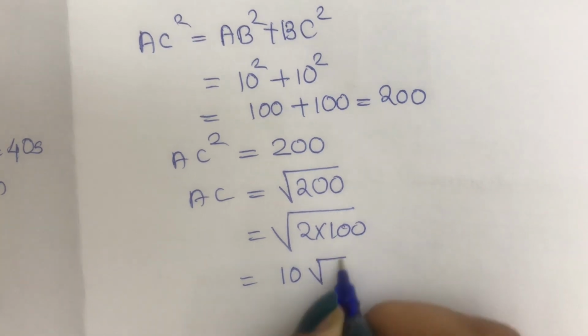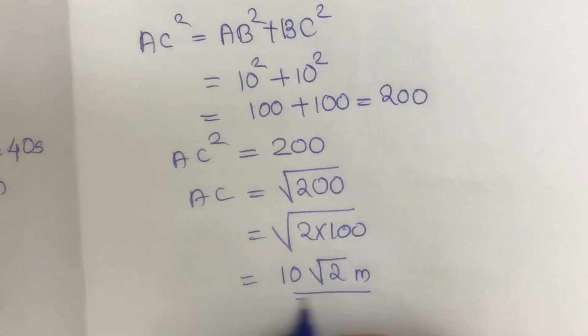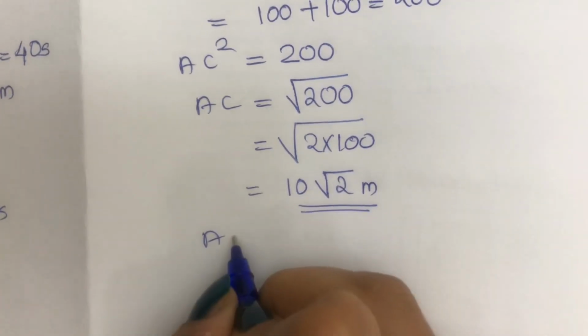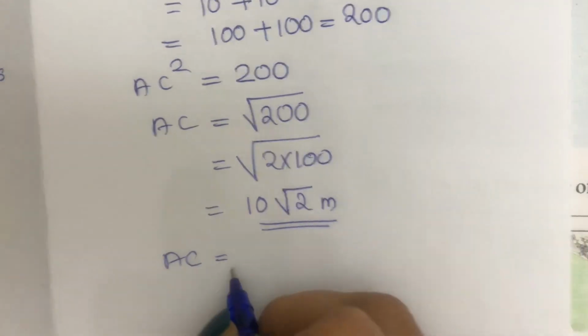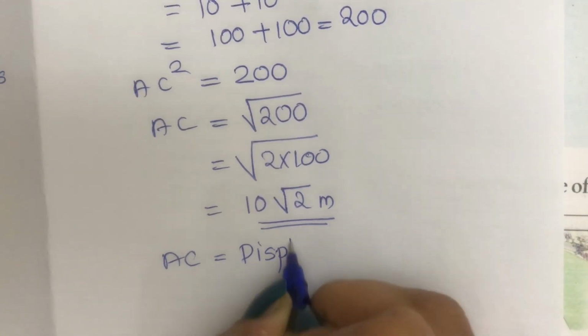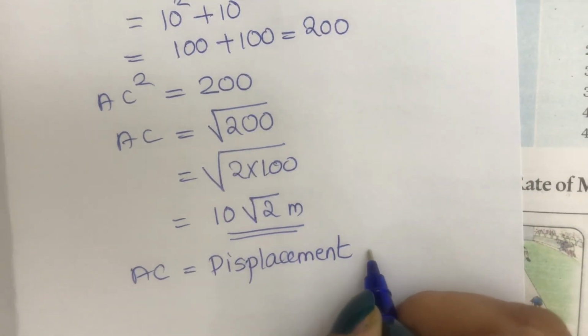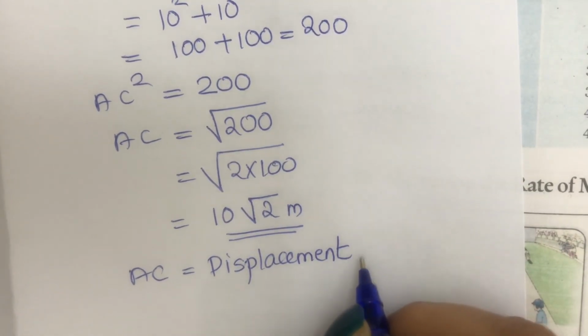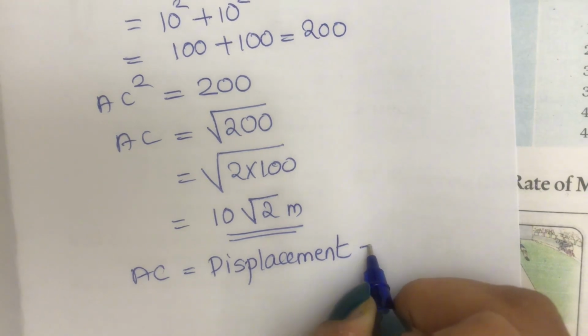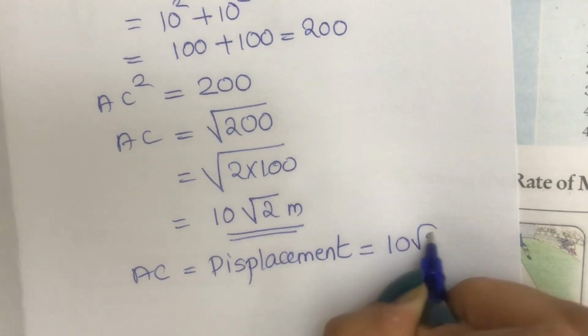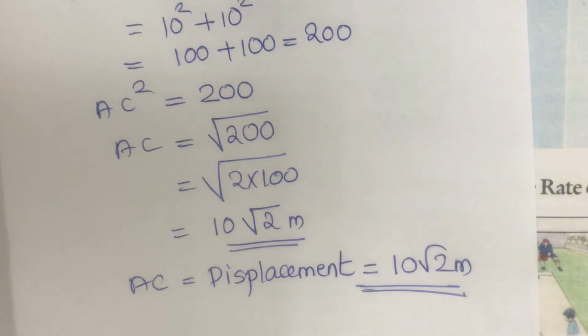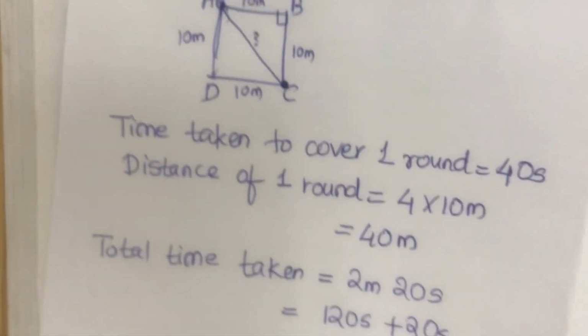My answer will be 10 root 2 meter. So AC is equal to displacement. This is the shortest distance traveled by the farmer from the initial and final position. So it is equal to 10 root 2 meter. So this is my answer. So you understood, right?